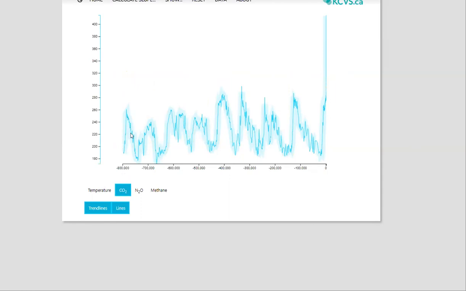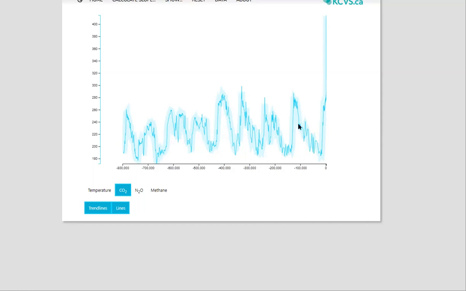This is a turquoise line, and you can see that the amount of carbon dioxide right now is above 400 parts per million. This graph, though, for 800,000 years on Earth, the amount of carbon dioxide cycled from somewhere between 180 to about 300 parts per million.